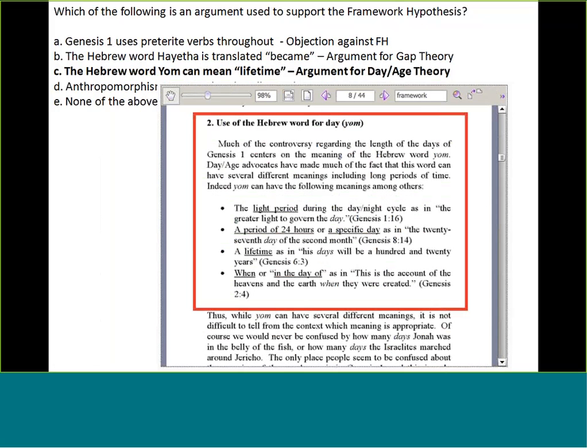The third option, the Hebrew word yom can mean lifetime, is actually an argument for the day-age theory. Here on page, I guess it's 8 in the PDF of the ebook, it talks about how yom can mean lifetime and that this is something that day-age advocates often use as evidence for their theory.